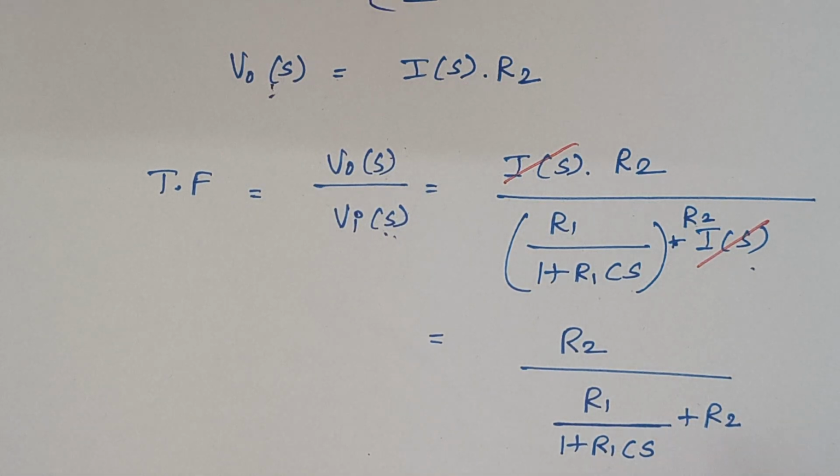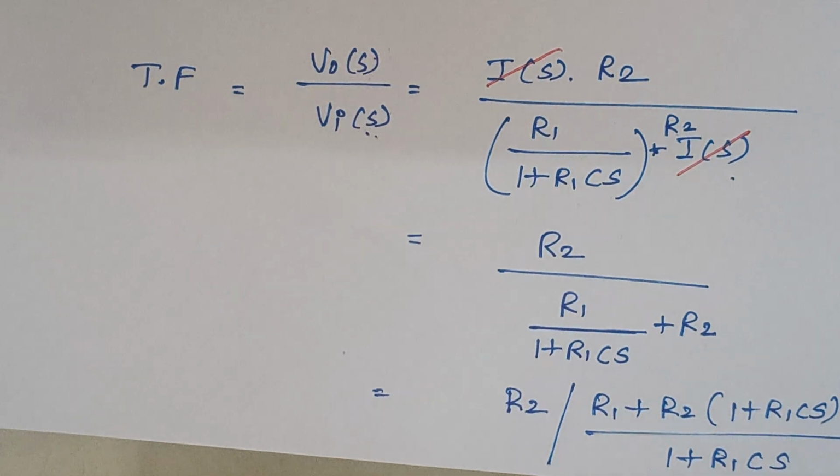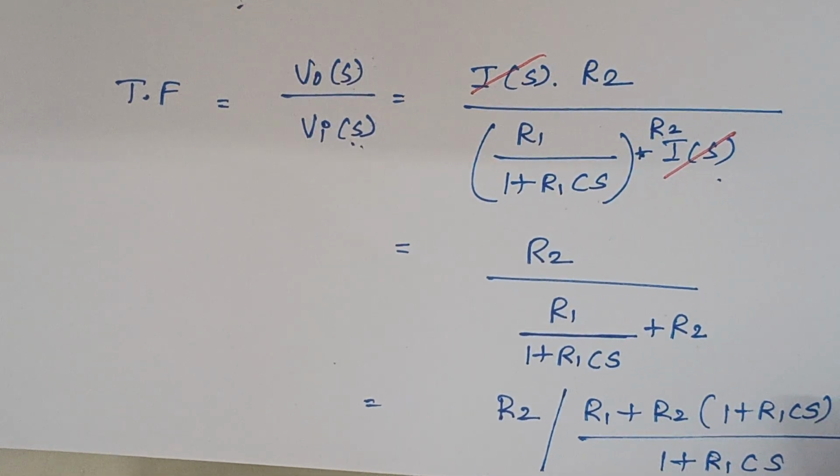Taking the LCM for the denominator part, R1 plus this entire term gets multiplied with R2, and in the denominator we have 1 plus R1 Cs.